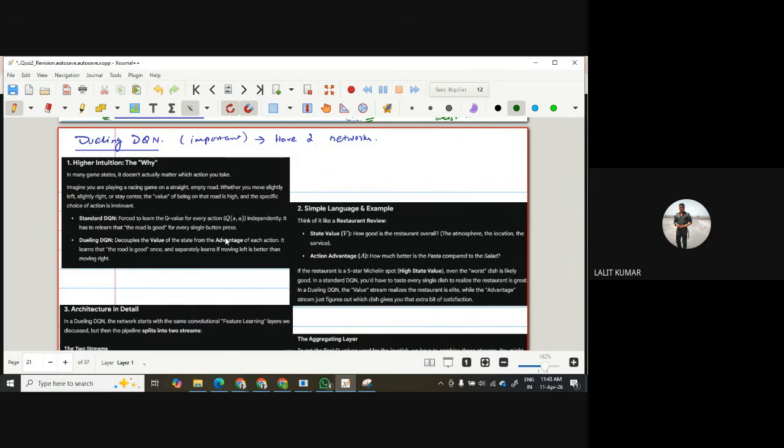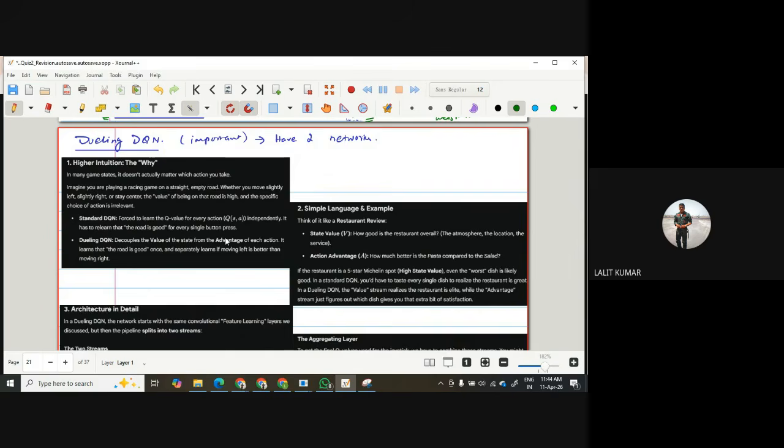So what is the meaning of dueling DQN? Many times when you are in some state, your actions don't matter. For example, you're going on a road, the road is vacant. So whether you turn left or right, it does not matter. But after that, you find a vehicle on the left. Now your action towards the right will be better.